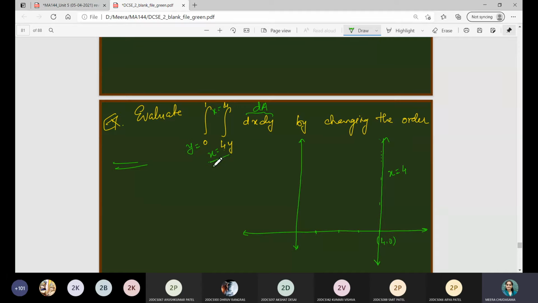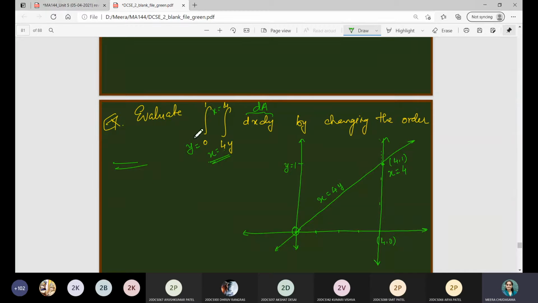So when I draw this straight line, it will pass through the origin as well as through this point, if I consider this as y is equal to 1. So this one will be the point 4 comma 1. So that one will be satisfied by this equation. So let me consider the corresponding straight line as this one, which has the equation x is equal to 4y, right?